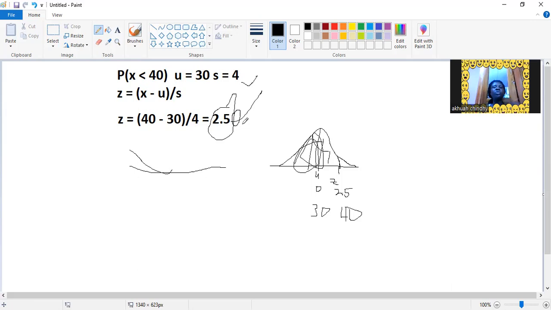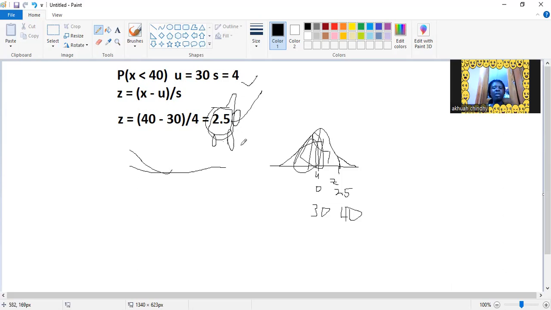So how do we read? First, on the z side, from the distribution table, we first read these two figures. So we read the 2.5 first. So let's say we have 0.00.